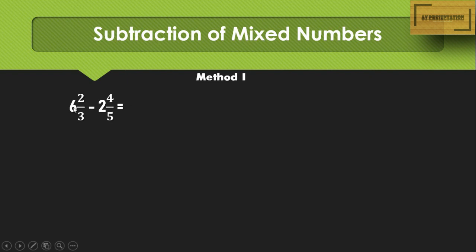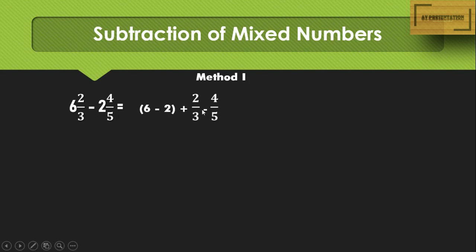The example: 6 and 2 upon 3 minus 2 and 4 upon 5. Student, you can subtract mixed numbers by using the first method or the second method of addition of mixed numbers. There is just a little change.